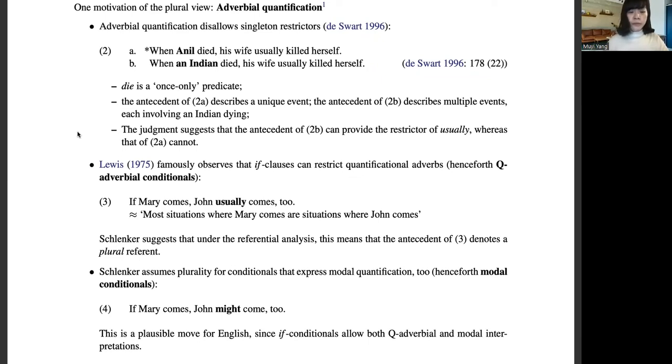So usually is here ranging over the cases or the situations where Mary comes. Schlenker cites this kind of argument and suggests that under the referential analysis, this means that the antecedent of 3, if Mary comes, has to denote a plural referent. So it has to refer to multiple situations where Mary comes.